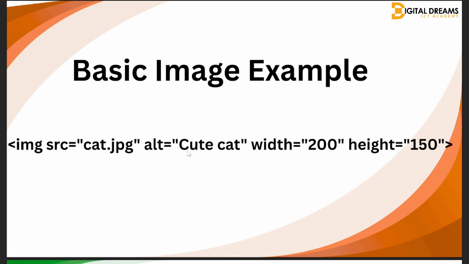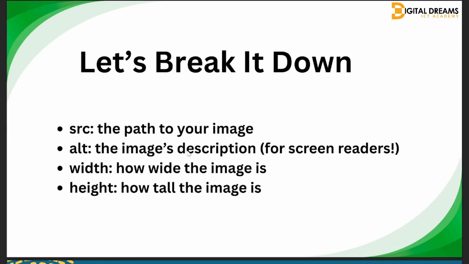Let me break it down for you. The source is the path to your image. That is where you add your image. That is the only place where you add your image, while the alt here is the image's description. It is the description of your image, and it is for screen readers.